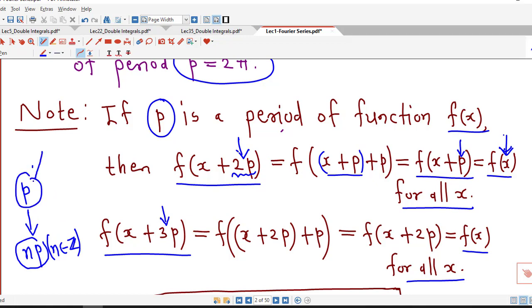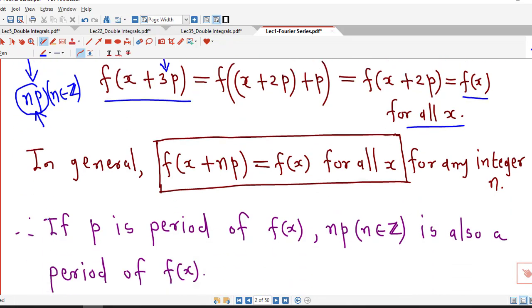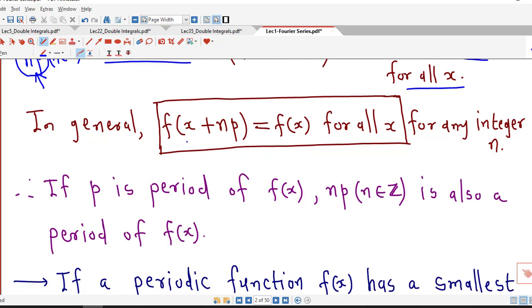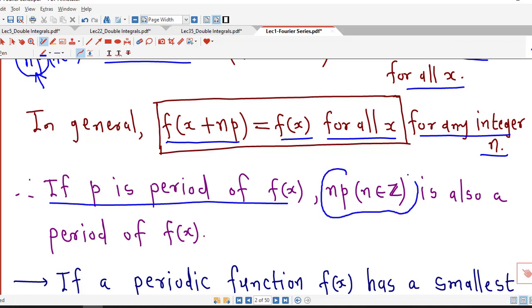In general, if p is a period of f(x), then f(x + np) = f(x) for all x, for any integer n. Therefore, if p is a period of f(x), n p, where n is any integer, is also a period of f(x).